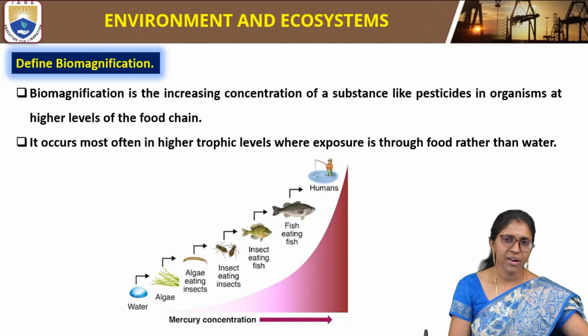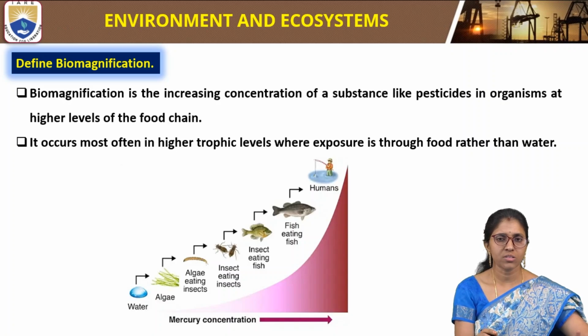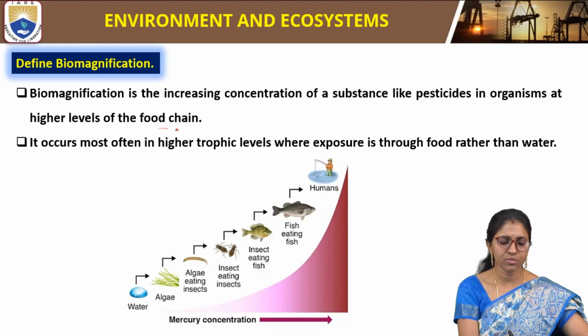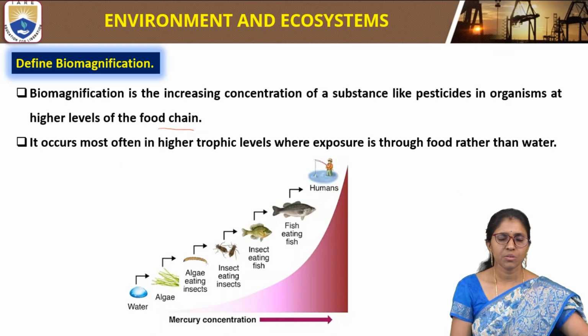Next definition is: define biomagnification. Biomagnification is the increasing concentration of a substance like a pesticide or any pollutant in organisms at higher levels of the food chain, higher trophic levels.